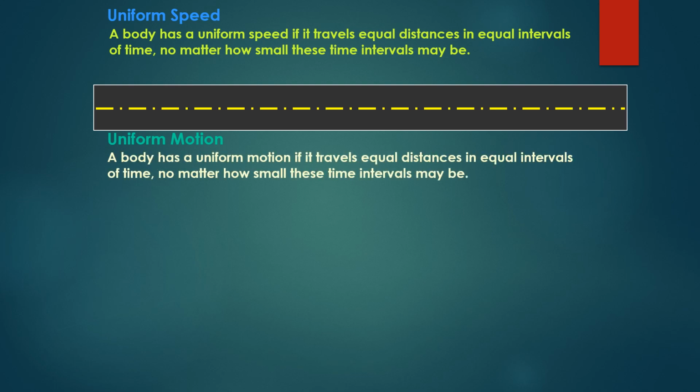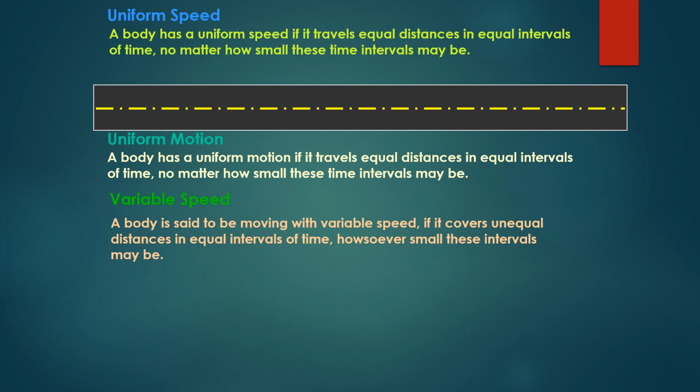A body has uniform motion if it travels equal distance in equal intervals of time, no matter how small these time intervals may be. So, a body moving with uniform speed is also in uniform motion.